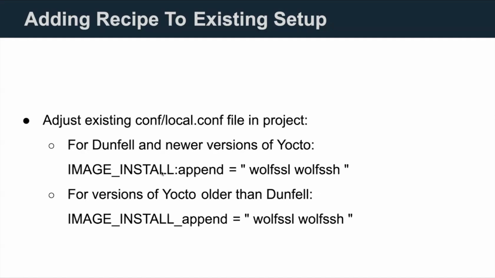And we support older versions of Yocto as well as the newer versions of Yocto. Yocto had a slightly different syntax with their newer versions versus the older, and that's just what this shows here: the newer versions have the semicolon there, and the older versions the underscore. But for all of our recipes for wolfSSL and wolfSSH, we will handle either kind of syntax.